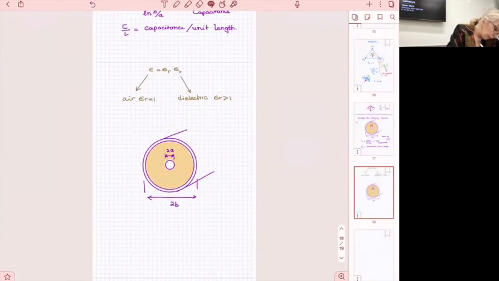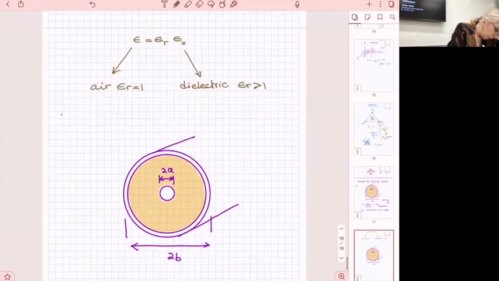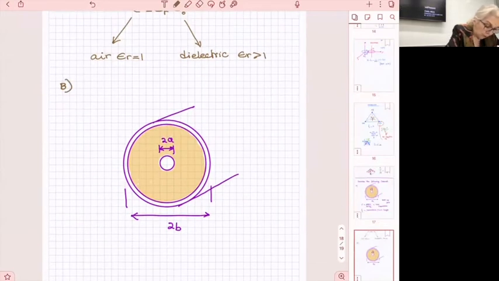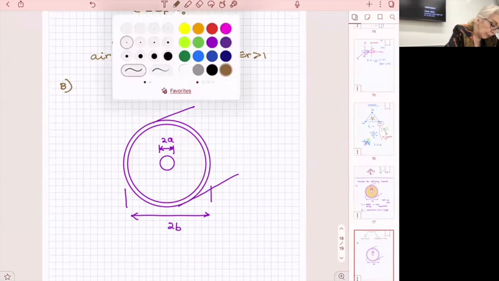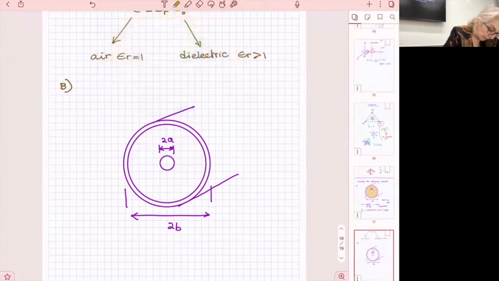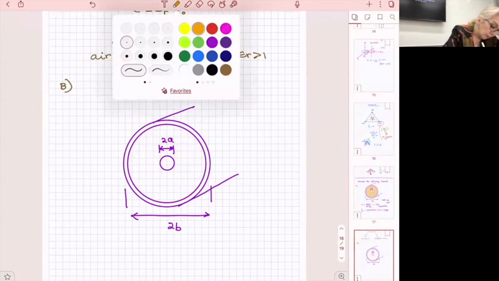So I'm solving a different problem, B. And now I remove all of this material and I am only covering part of it with a material. So let me see how I'm going to do this here.